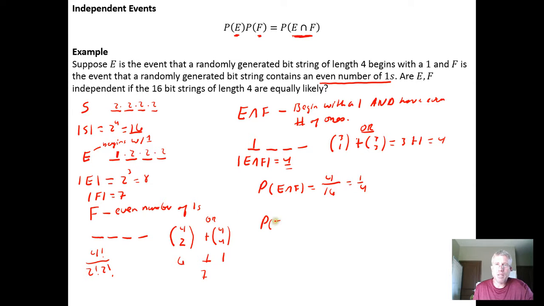Then we need to calculate the probability of E times the probability of F. The probability of E is 8, the size of E, divided by the size of the sample space, 16, times the probability of F. F has 7 elements in it, over 16, the size of the sample space.